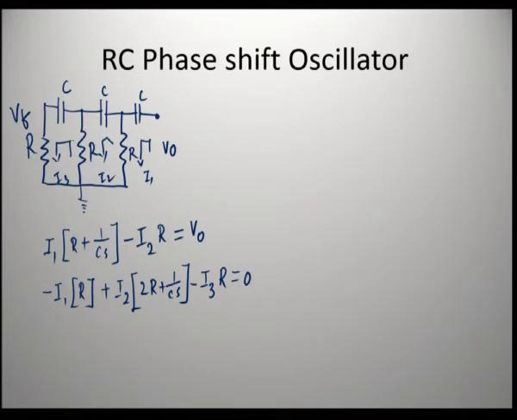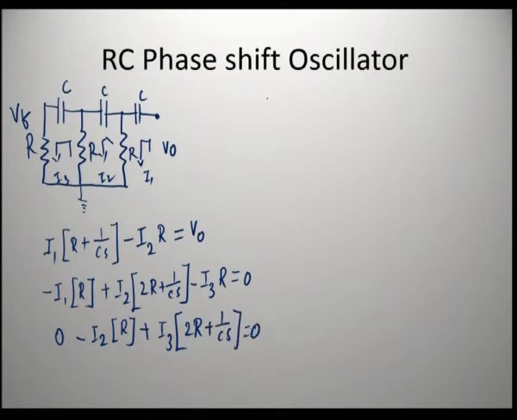In the last loop, through this resistor I2 is flowing and there is no I1 current. You have to subtract the current flowing through the resistance R. And the current I3 is flowing through two resistors and this capacitance, so 2R plus 1 by Cs.